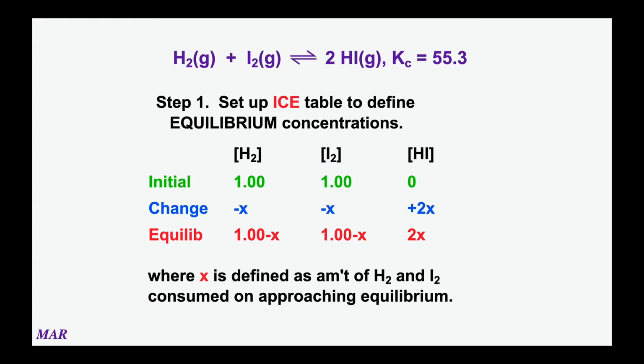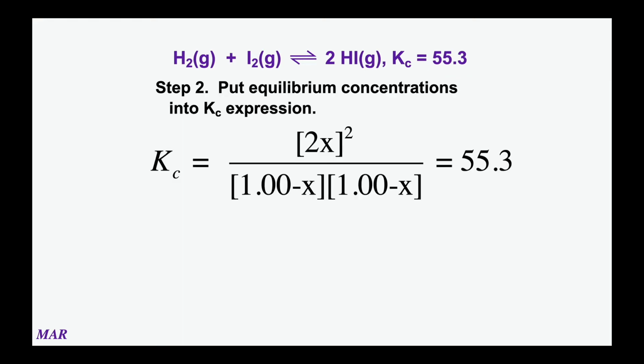So remembering the Kc value for this equilibrium, 55.3, we can set this up. 55.3 is K, and that equals the equilibrium concentration of HI, which is 2x, squared. Remember that we squared it. So notice that that stoichiometry of 2 popped in two ways. It's the change, that part right there, and it's also the exponent.